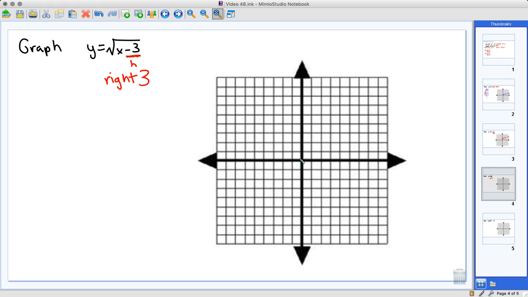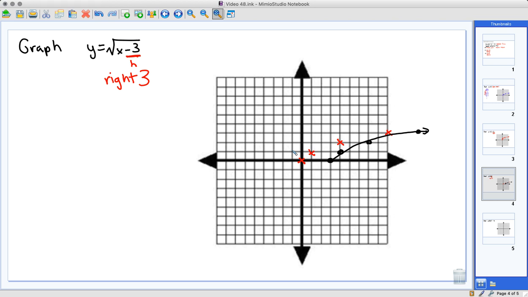So I'm going to take those 4 points that I had, and I'm going to move them to the right 3. So 1, 2, 3. 1, 2, 3. 1, 2, 3. And then this one I'm just going to estimate. 1, 2, 3. So then again, I have my graph.